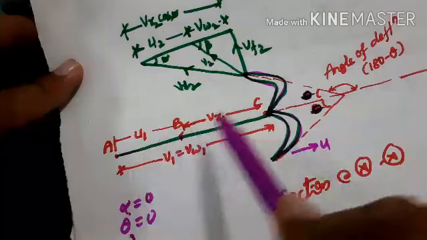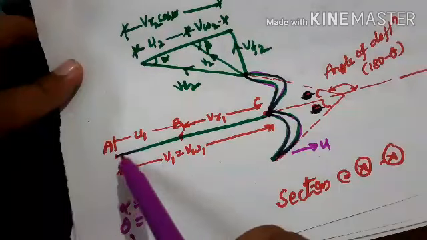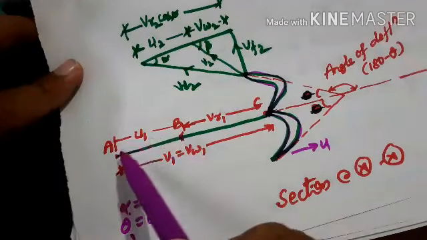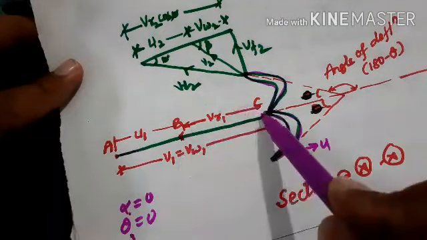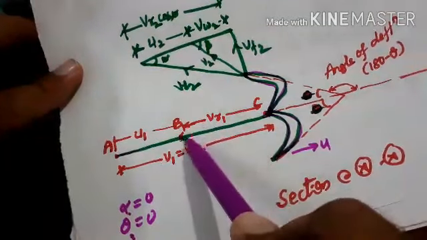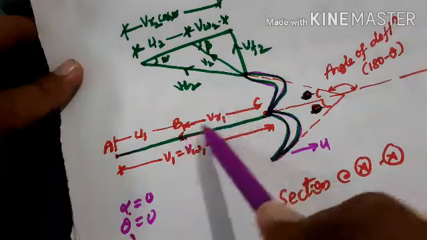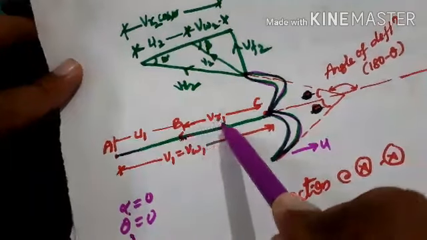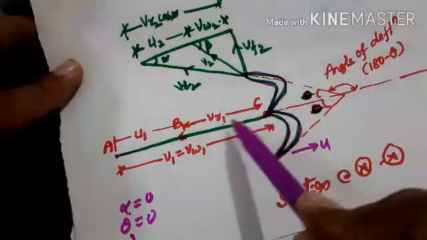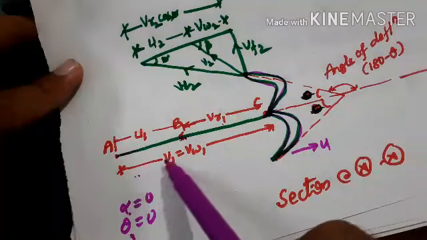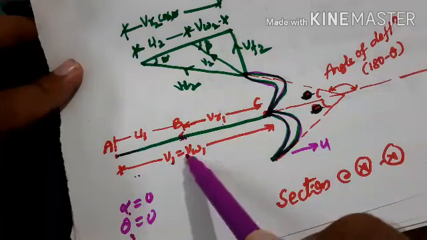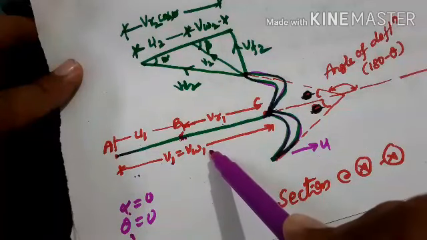Since alpha is 0, theta is 0, the velocity triangle will be a straight line. And when the velocity triangle is straight line, the AB represents the velocity of the vane, and BC represents the relative velocity of jet with respect to the bucket, and AC represents the absolute velocity of the jet, which is equal to the whirl velocity.